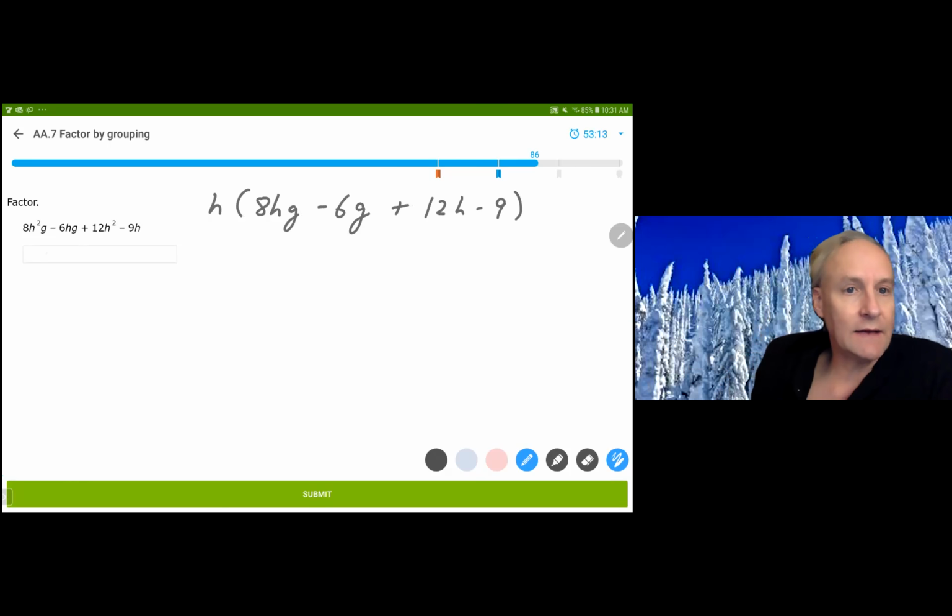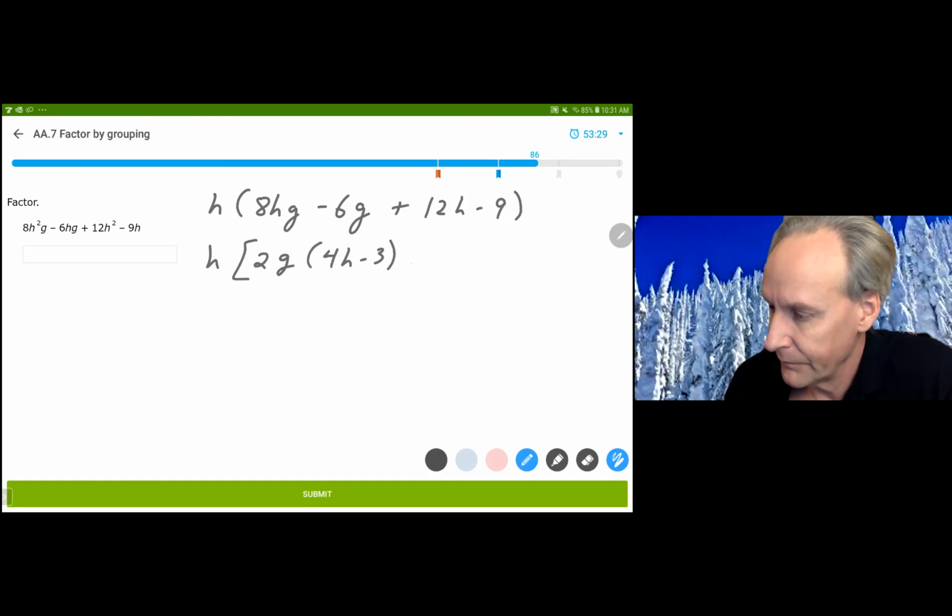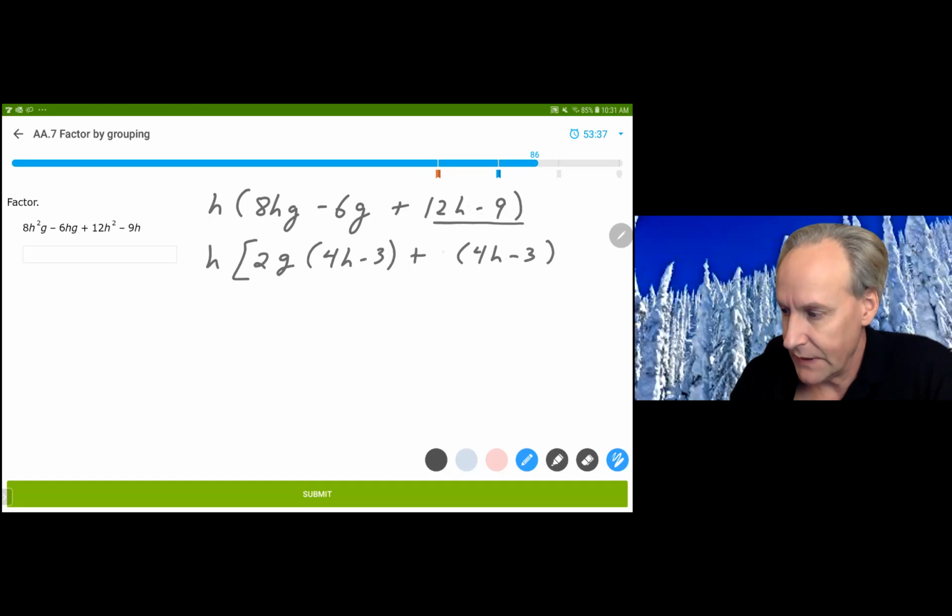That's it. I didn't have to reorganize it or anything. Now I'm going to take out a 2g out of the first pair. 2g, which leaves me with 4h minus 3. And over here, I want to have a 4h minus 3. And clearly, I took a 3 out to get that.